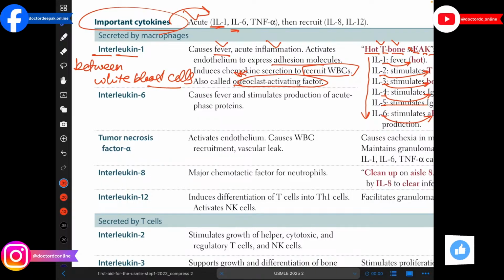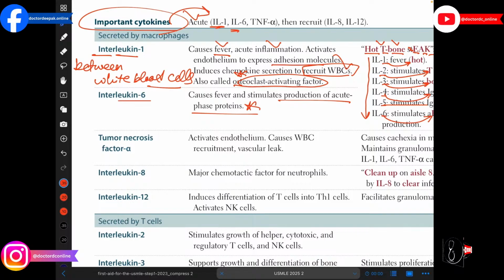Now come to interleukin 6. Interleukin 6 also causes fever but stimulates the production of acute phase proteins. This is the most important function of interleukin 6, the production of acute phase proteins.